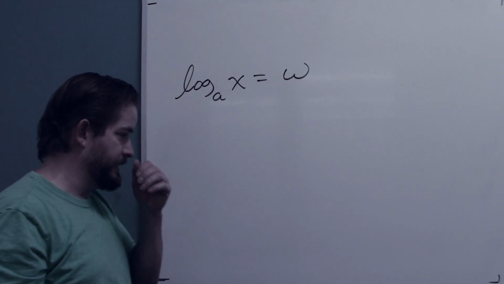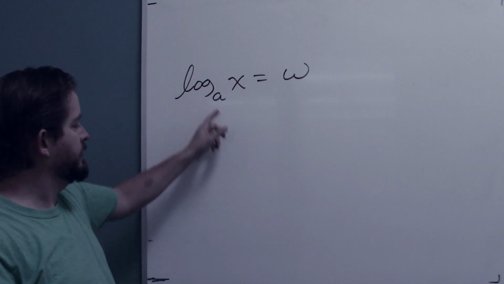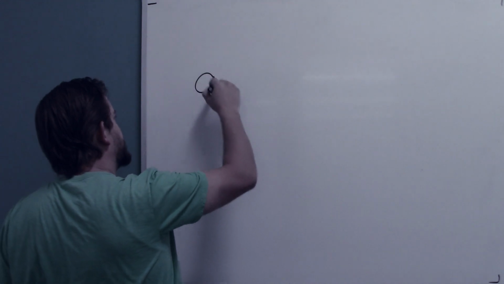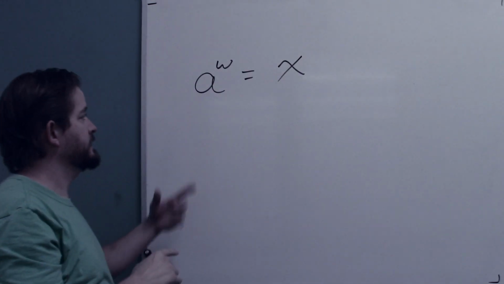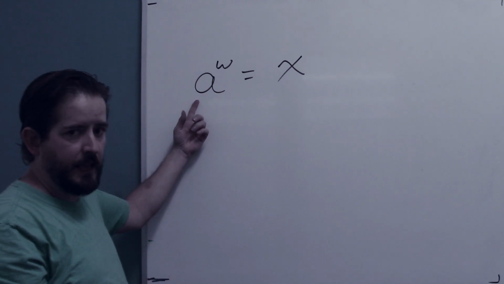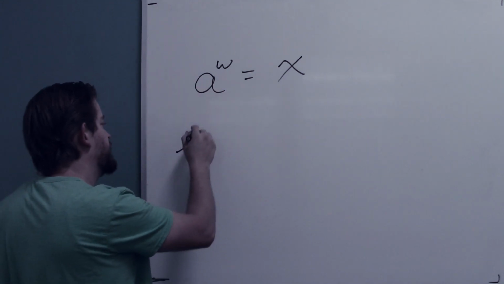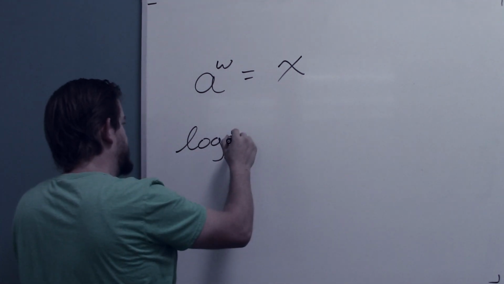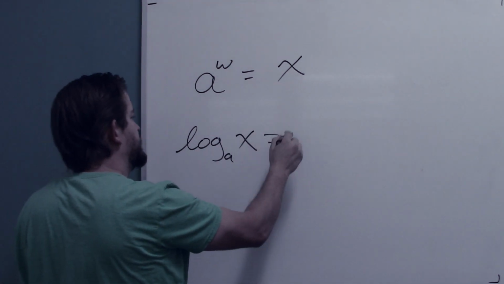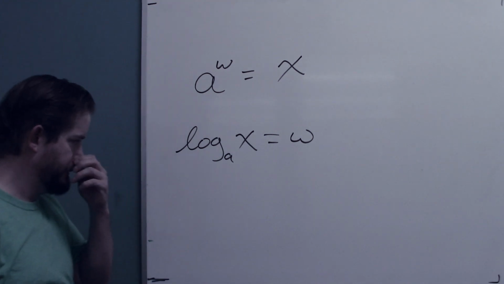I can rewrite this as an exponential simply by, well, let's back up. Not quite there yet, sorry. If I have maybe, say, a to the w equals x, right? I can rewrite this as a log by, the a is the base, so this becomes log base a, and then the a needs to hook up with the x, so it's log base a of x equals w, right?